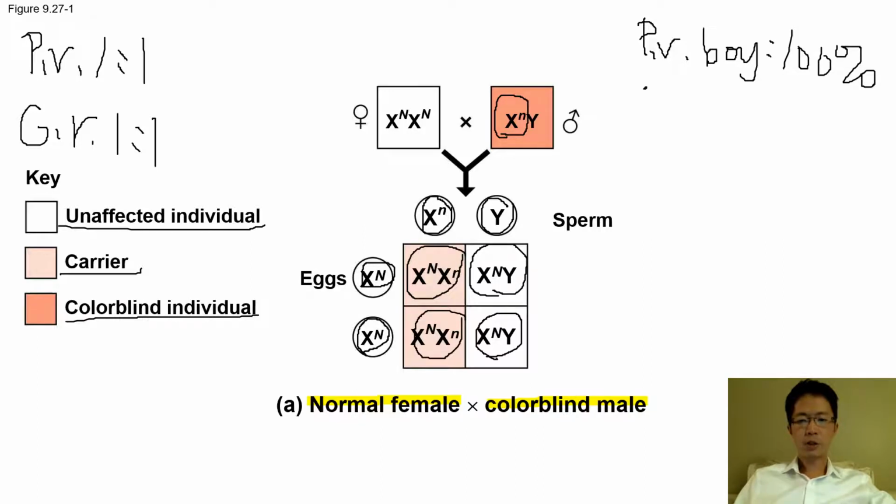What about the genotypic ratio for boys? It will also be 100%. What about the phenotypic ratio for girls?